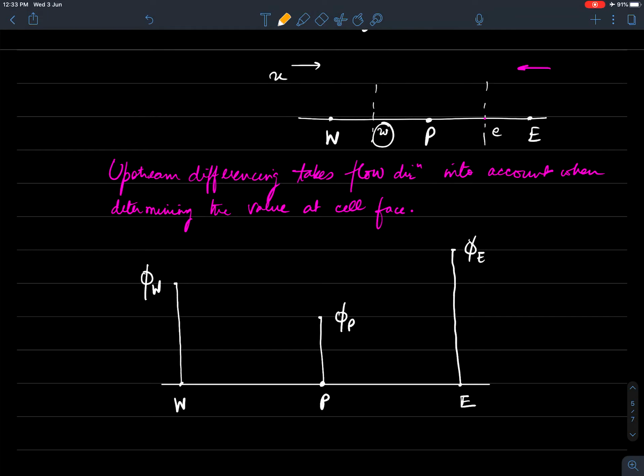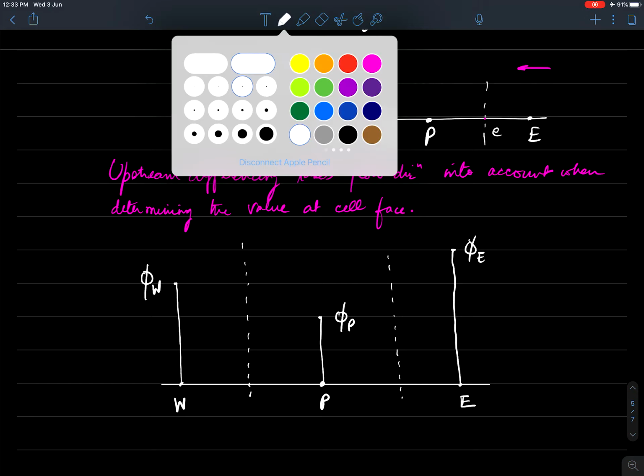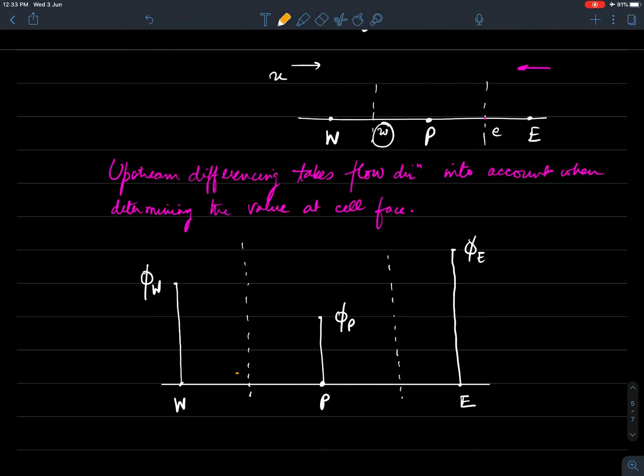Let's take a scenario where the flow is first going from left to right. So let me first draw the faces. This is one face, this is the second face. If the flow is going from left to right, this is the flow direction on both the faces. So this is UE and this is UW.